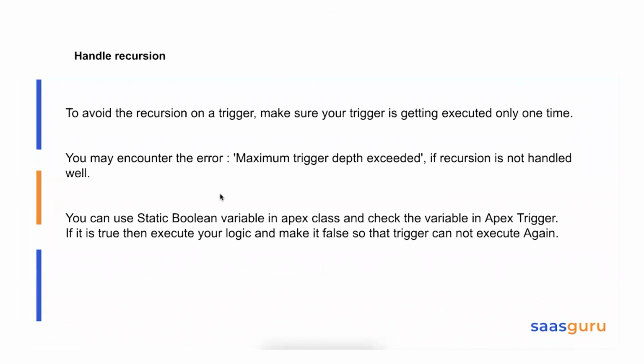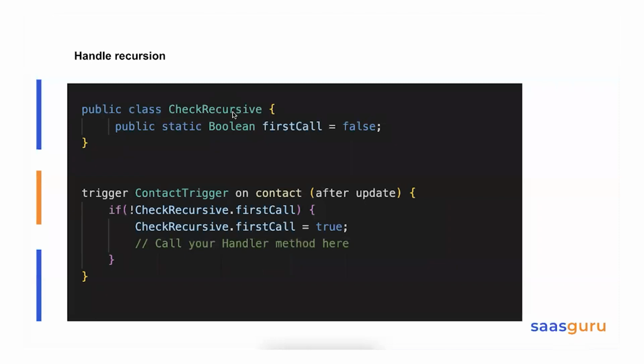Then you can use a static Boolean variable in an Apex class, and you can check like this. I have one class, CheckRecursive. Here I have one public static Boolean firstCall equal to false. You can give any name. By default, when this class loads, this static variable will initialize as false. And in the trigger, I can write CheckRecursive, this class name, dot firstCall, because this is a static variable, and check if it is false. When the trigger is running on the contact or maybe on the account, I'm checking if firstCall is false, then go inside, mark firstCall true, and then call your logic from here.